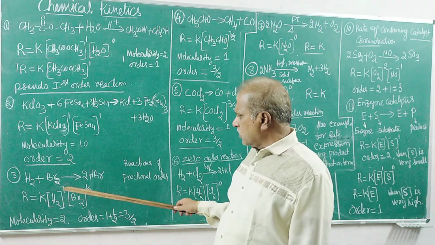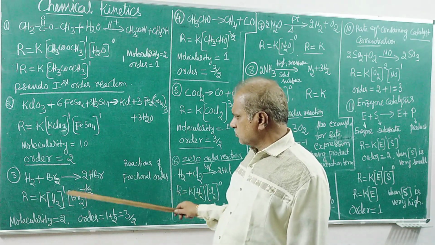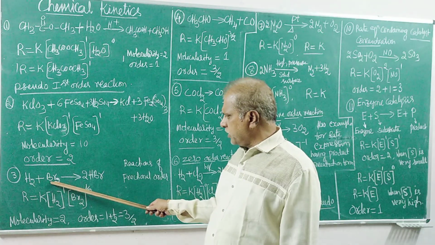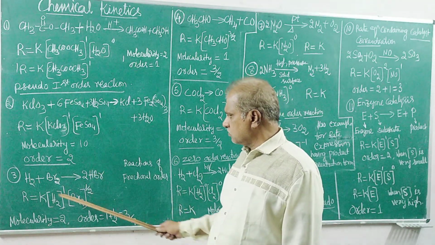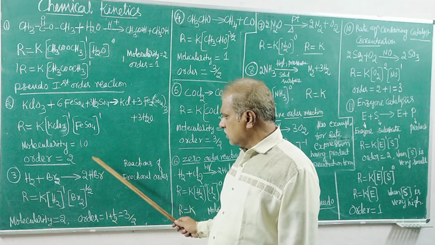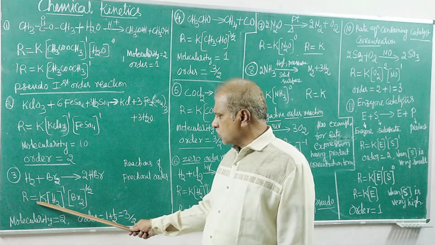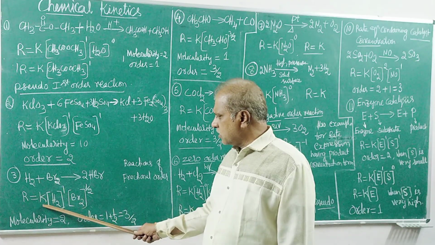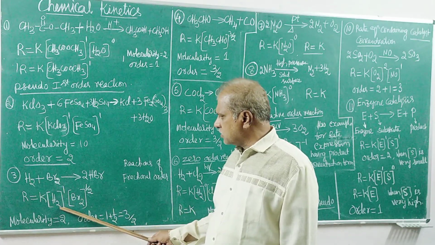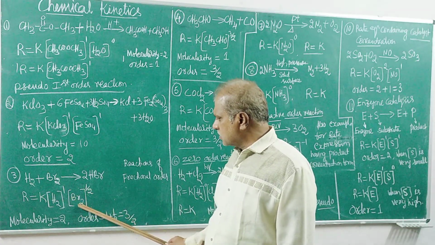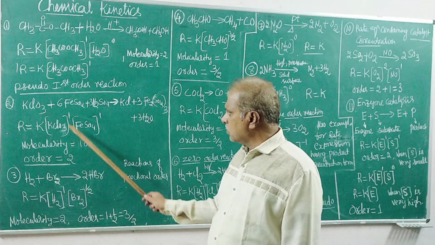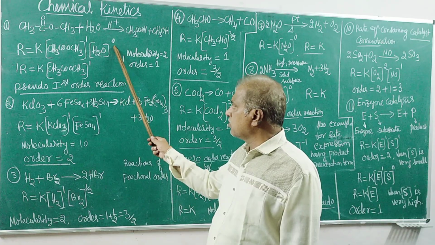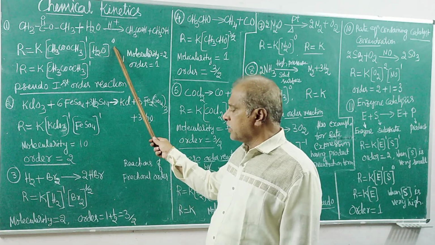Let us go to the next set of reactions. This is H2 plus Br2 giving 2HBr, again a gas phase reaction. The rate of the reaction is equal to the rate constant times the concentration to the power of 1, and here the concentration to the power of 1 by 2. These are not all whole numbers. Here it is 0. The order may be 0 with respect to a reactant.